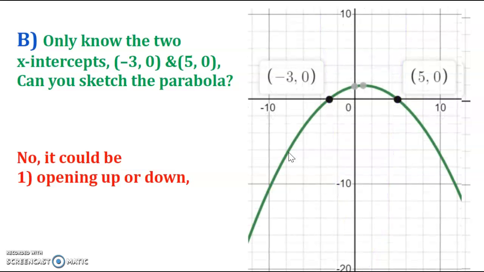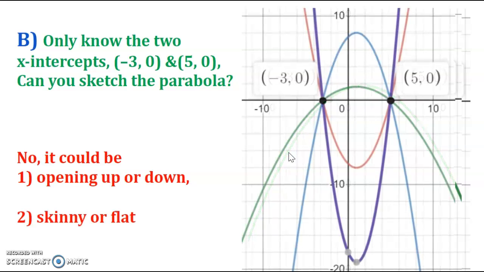They all have the same x-intercepts. So x-intercepts are not enough. On top of that, you can create a skinny parabola or a fat parabola depending on the multiplier, as we have figured out. So again, x-intercepts alone are not sufficient to create a unique or accurate graph.